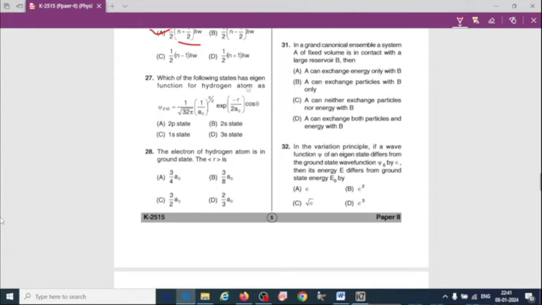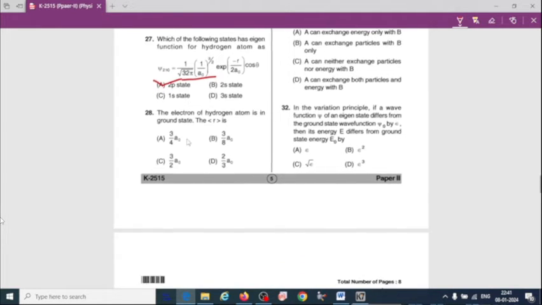Which of the following states has the eigenfunction for hydrogen atom as given? So this is the equation for eigenstates of the 2p state. The electron of hydrogen atom is in the ground state.